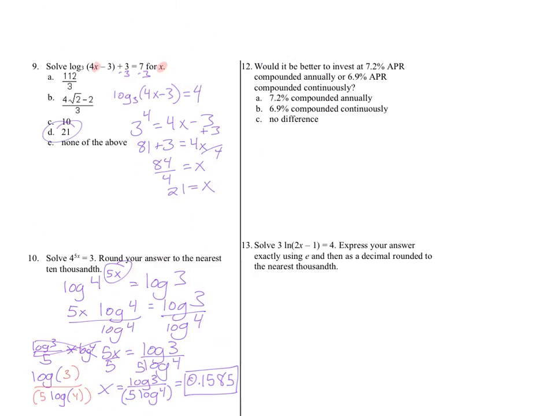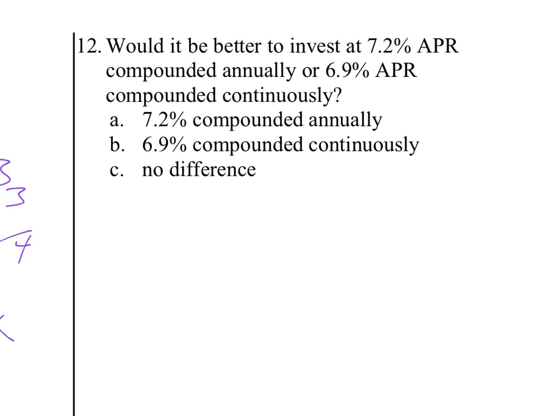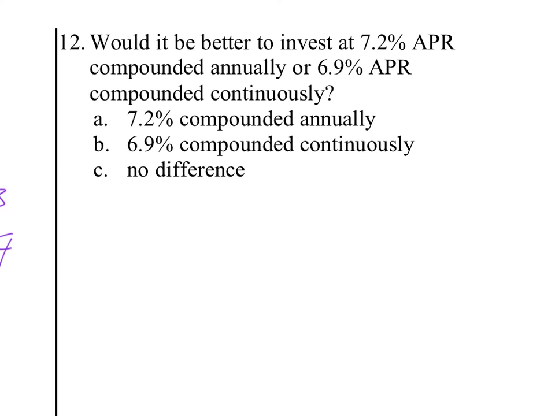Oh, sorry. Next slide. Now, would it be better to invest at 7.2% compounded annually or 6.9% compounded continuously? So we're going to say, which is greater?